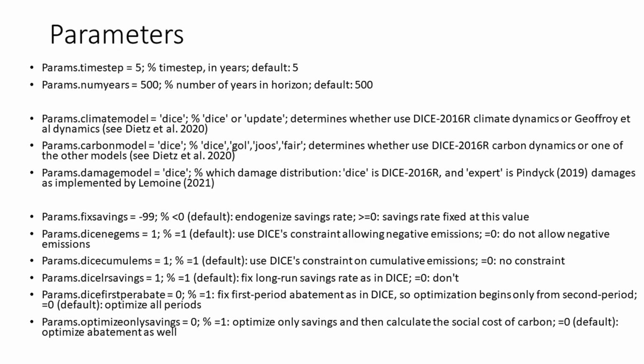Time step, number of years, mostly I don't think we have to change these. And all the things that we can parametrize manually: these 3 parameters which define the climate model, carbon model, damage model, and the second thing is how different constraints and savings rate are affected. It would be way harder to do so, and then the rest is just about computation.